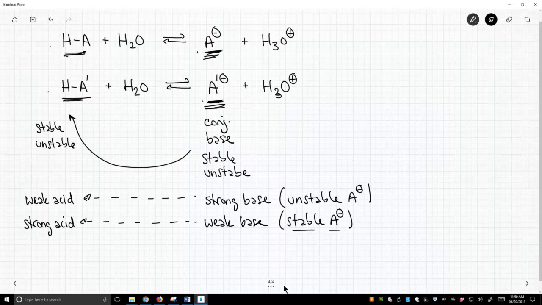So it's by looking at the charge, whether the charge is stable or unstable, that's going to tell us how reactive the conjugate base is, and the reactivity of the conjugate base is a window into the reactivity of the acid. So this is the logic we're going to follow. The questions will be, is the charge stable?